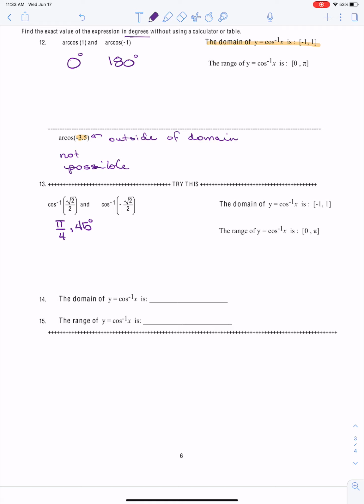That puts us in the second quadrant. Inverse cosine of negative square root of 2 over 2 is 3 pi over 4, or 135 degrees. Just a reminder, the domain is negative 1 to 1. The range of inverse cosine is 0 to pi.